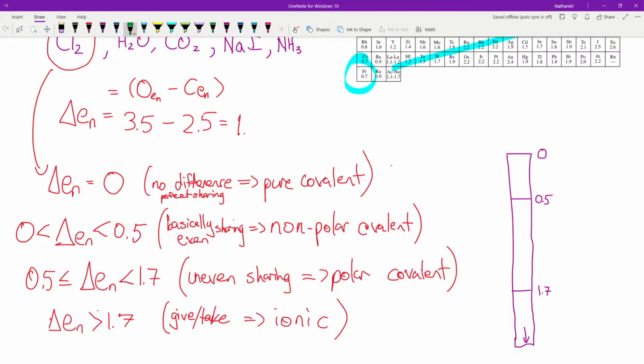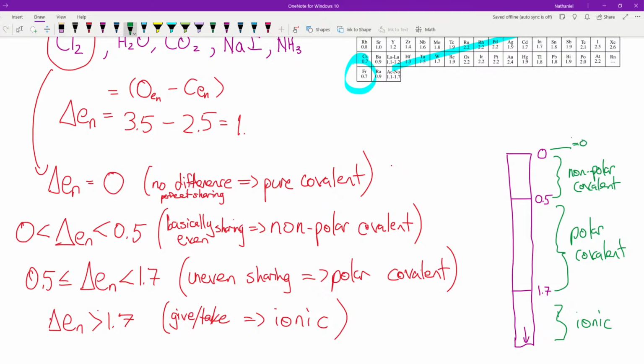So these here, the ones that are perfectly 0, and then these here are our different categories. So that's ionic, that's polar covalent. This is non-polar covalent, and this equal to 0 is pure covalent.